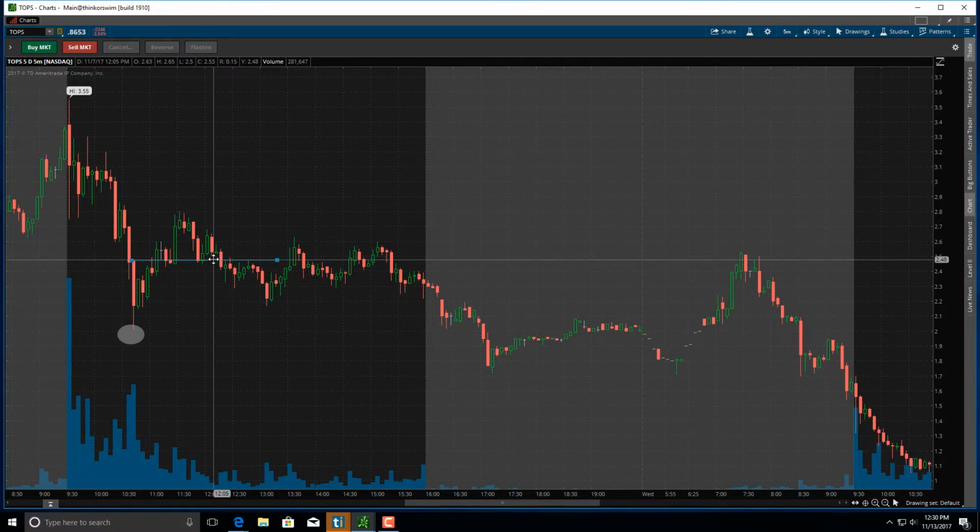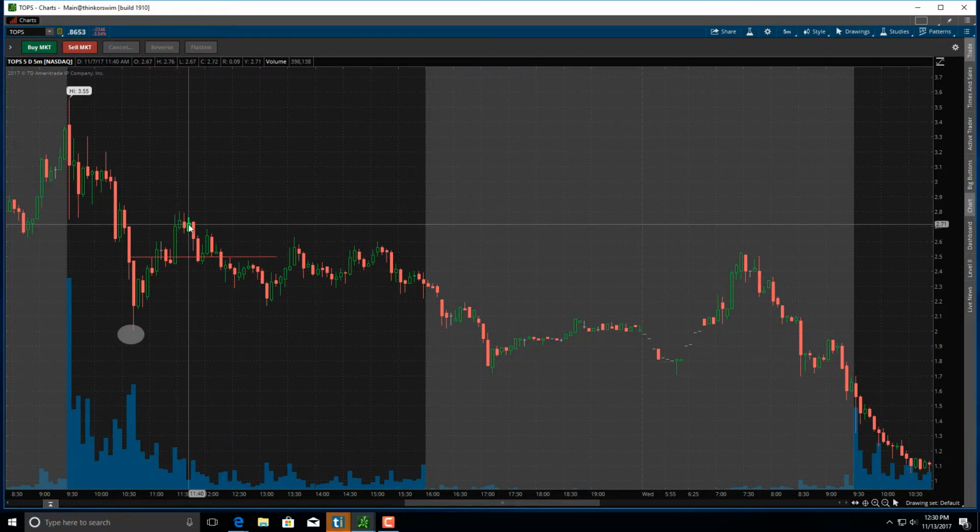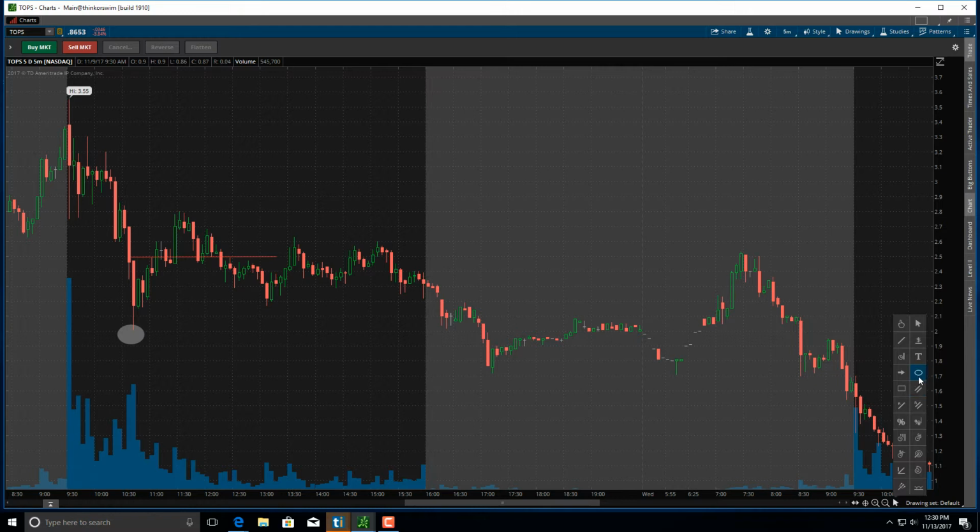Your trailing stop will now be 2.50. And because none of these candles made new highs, your trailing stop did not move. Your trailing stop triggered at this candle right here because that candle hit your trail. I hope that kind of explained everything for everybody.